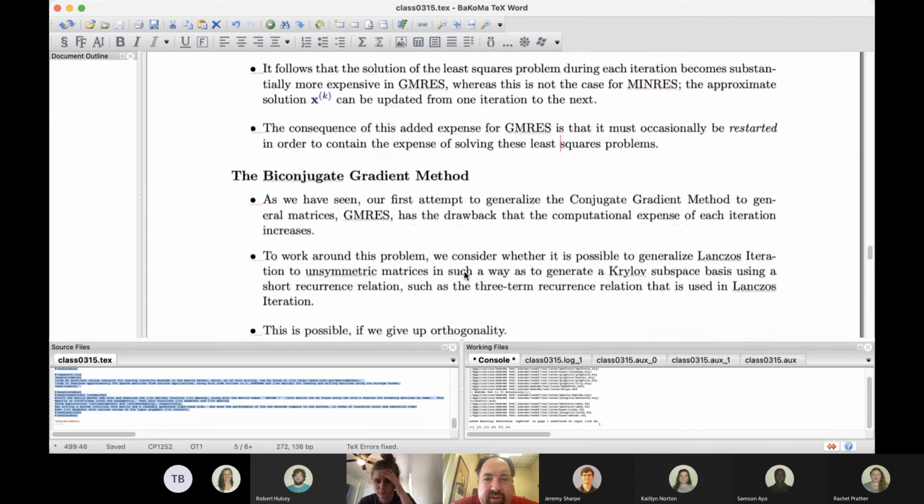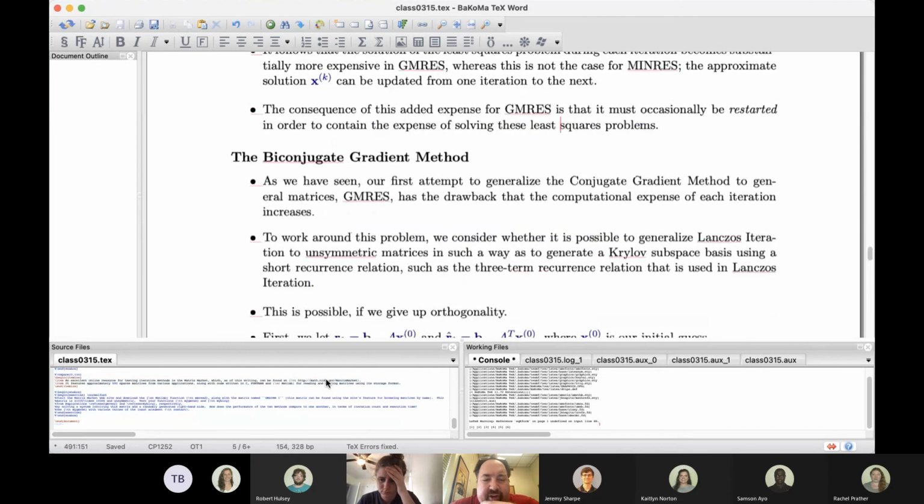So quickly I want to mention the Bi-Conjugate gradient method. Now, the whole goal has been to generalize the conjugate gradient method to non-symmetric positive definite matrices. So GMRes is one way of doing that, but we have a problem that each iteration becomes more expensive than the last because of this storage requirement, having to use all previous Q vectors to generate the next one.